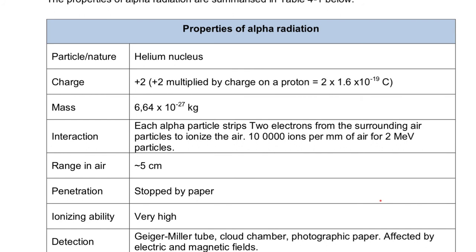They have very high ionizing ability, and they are detected in Geiger-Müller tubes, in cloud chambers, as I've referred to, and in photographic paper. And they are affected by electric and magnetic fields because the alpha particle is positive. It can be affected by an electric field because an electric field affects positive and negative charges.